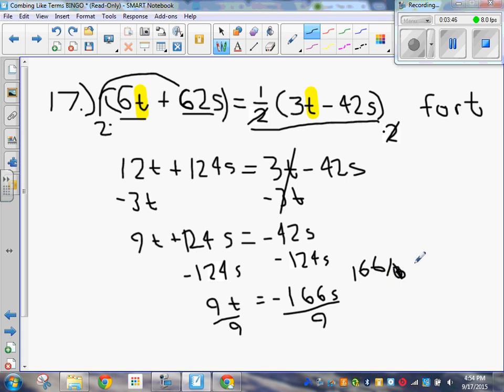So I try 9, and that doesn't work either, so this is as reduced as it will get. Our final answer is just t equals negative 166s divided by 9.